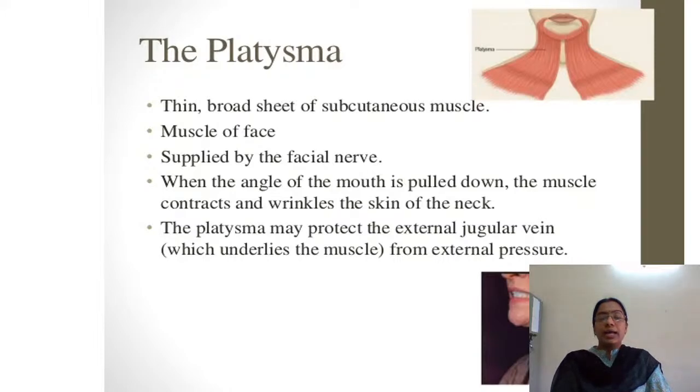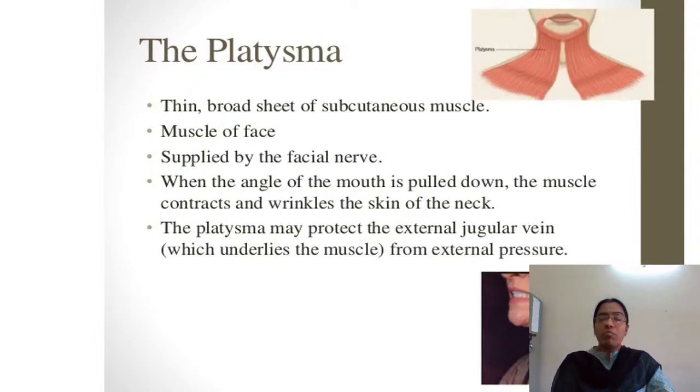Yes. Another content in the superficial fascia after the cutaneous vessels and nerves is a muscle, that is platysma. Platysma is actually a muscle of the face, a facial muscle. All the facial muscles are present subcutaneously.